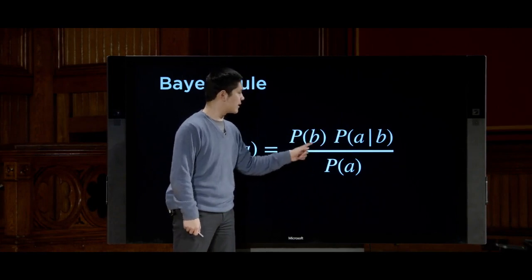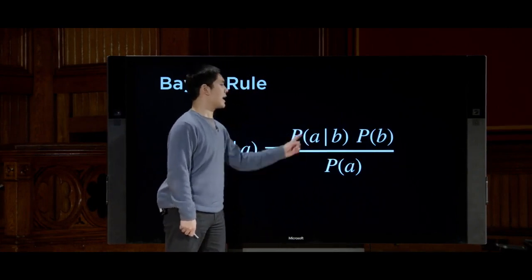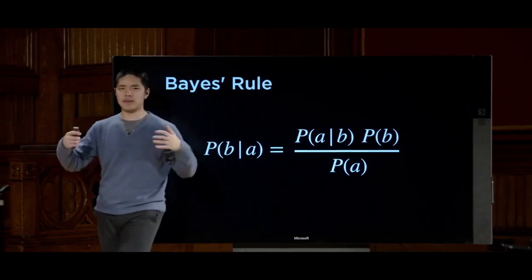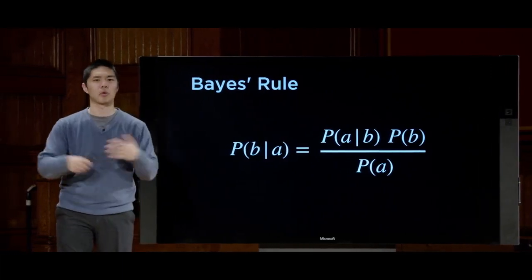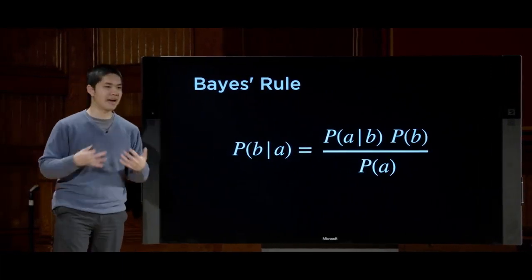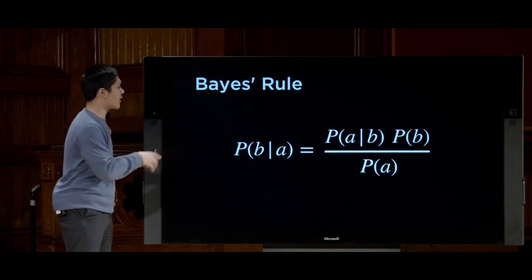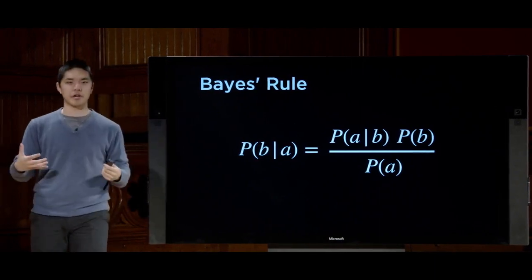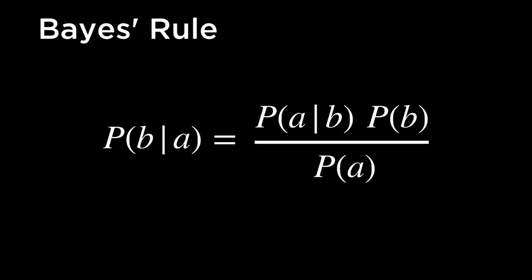So instead of B times A given B, it'll be A given B times B. That ultimately doesn't matter, because in multiplication, you can switch the order of the two things you're multiplying, and it doesn't change the result. But this here right now is the most common formulation of Bayes' rule. The probability of B given A is equal to the probability of A given B times the probability of B divided by the probability of A.